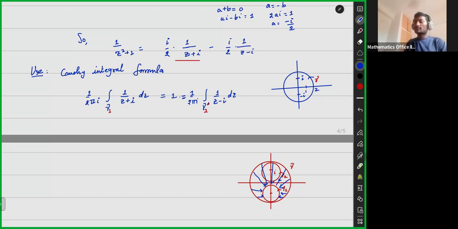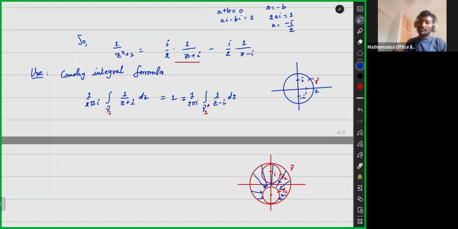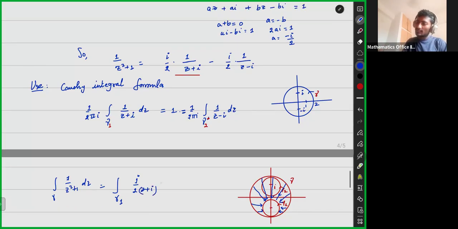So calculating the integral over gamma of 1 by z square plus 1 dz, because they are homotopic, you replace it by I by 2 times the integral of 1 over z plus I, minus I by 2 times the integral of 1 over z minus I dz.